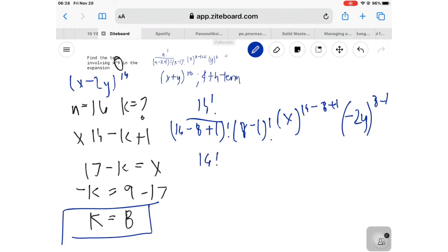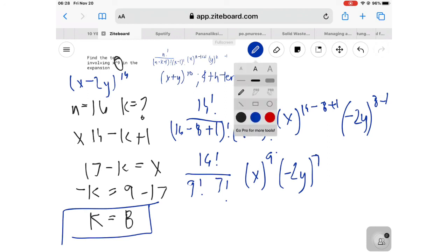16 minus 8 is 8 plus 1 is 9 factorial. 8 minus 1 is 7 factorial. So, ganun din dito, 9 lang. And negative 2y raised to 7. So, let's simplify it again.